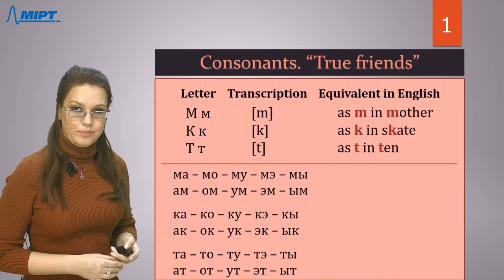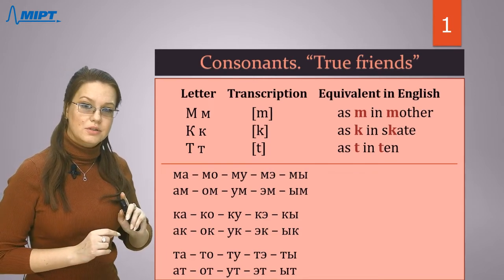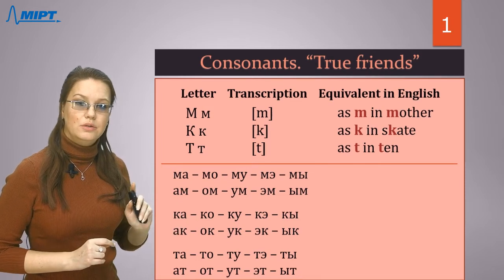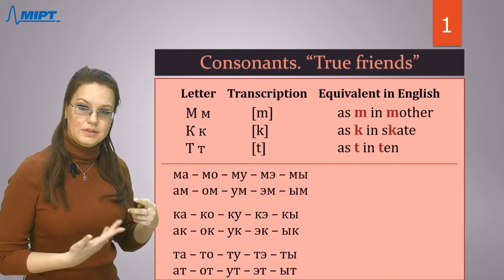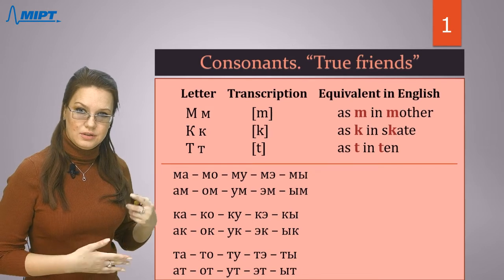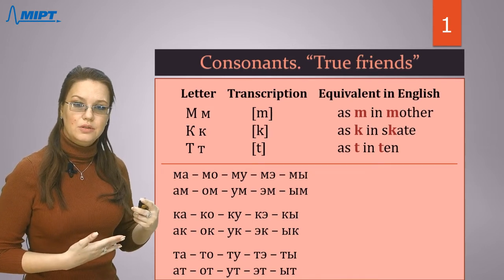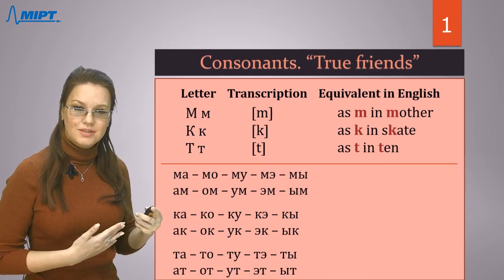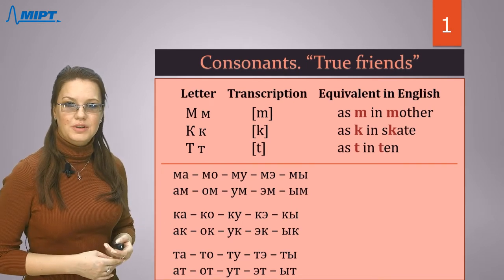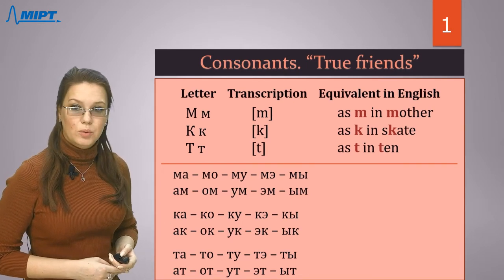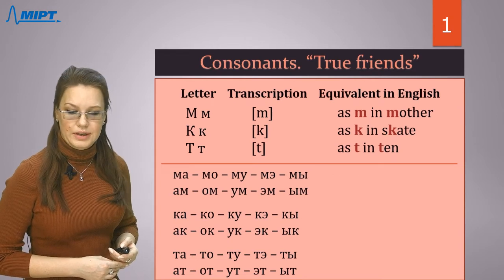So let's try. As usual, I will read line by line. You try to understand how it sounds. You try to repeat, please, and we will work in this way. So, I read the first line.